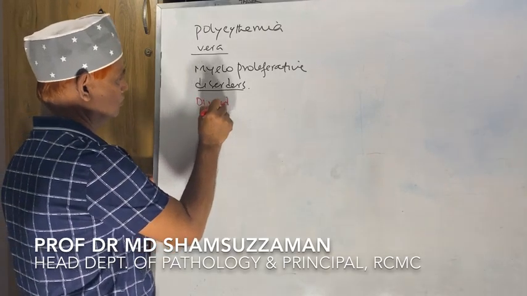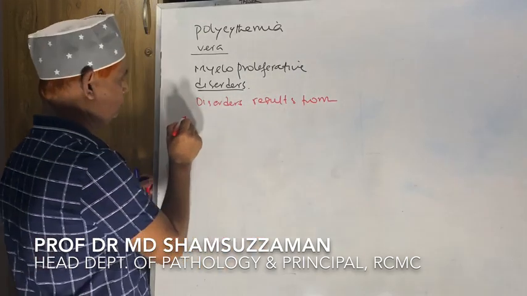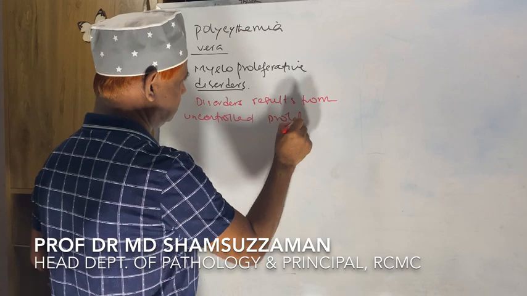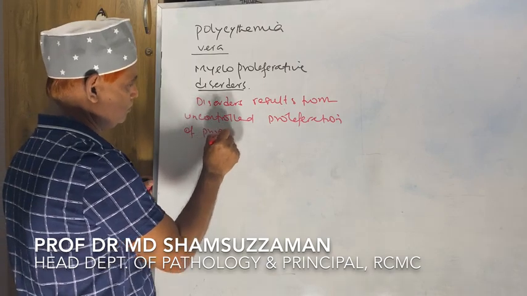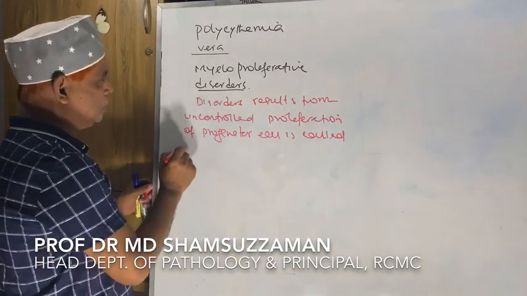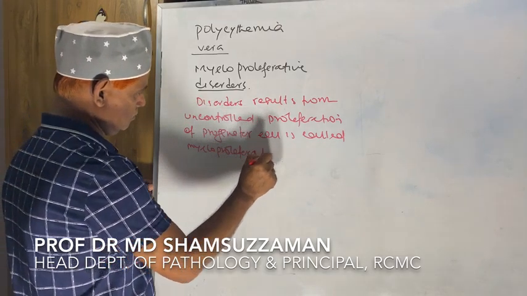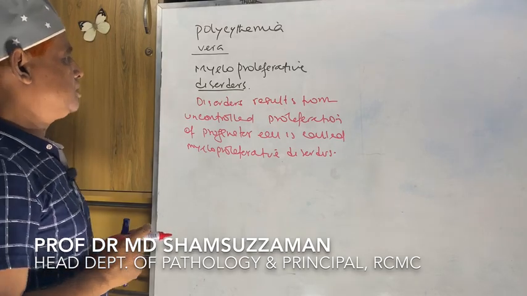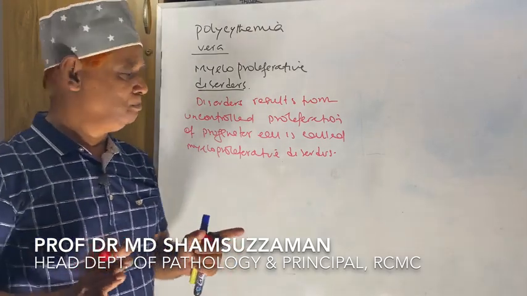Disorders that result from uncontrolled proliferation of progenitor cell are called myeloproliferative disorders.